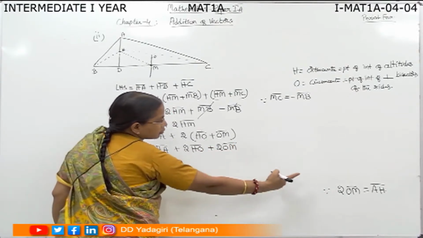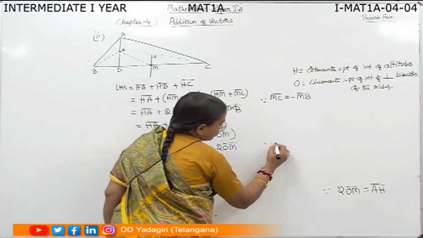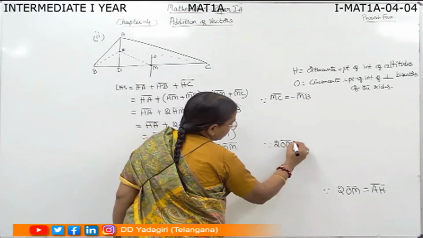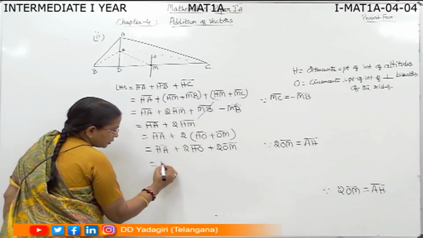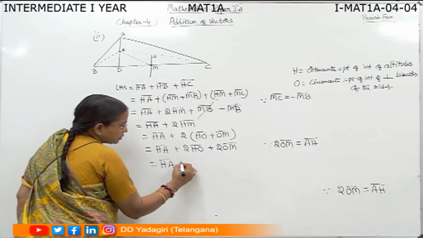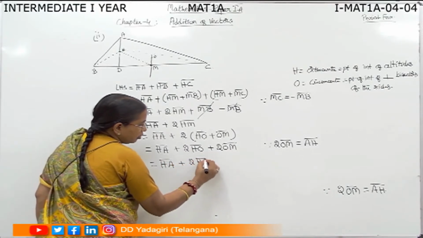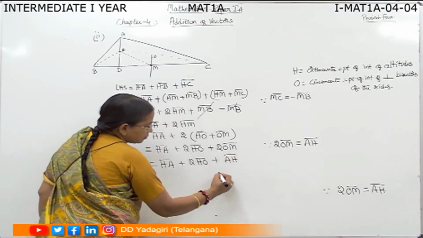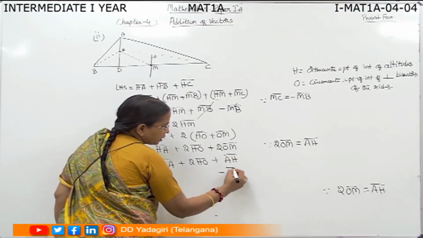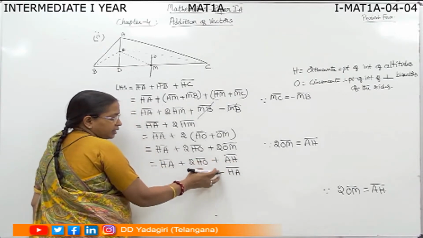What is 2 times OM? 2 times OM is equal to AH. We'll write here HA plus 2 times HO plus AH. AH I can write as minus HA, when I interchange the initial and terminal point, it changes the sign.